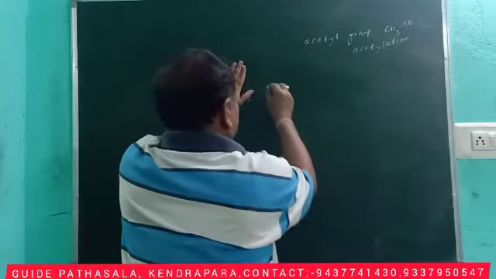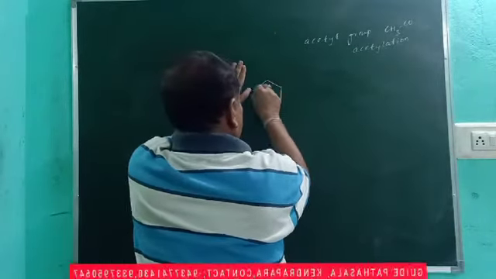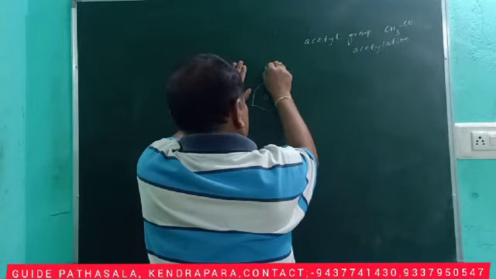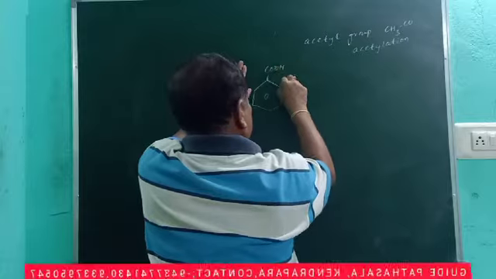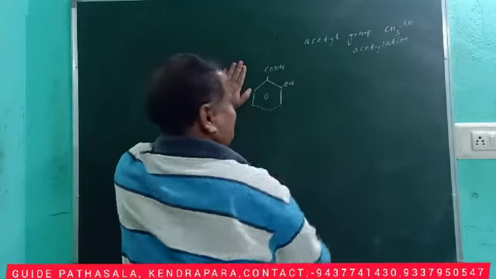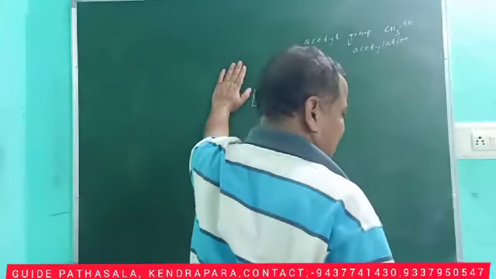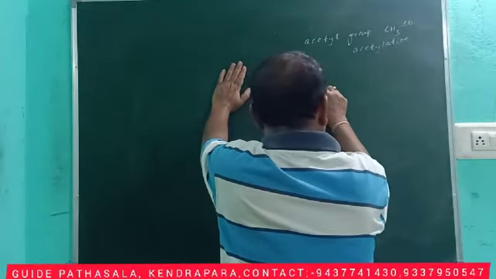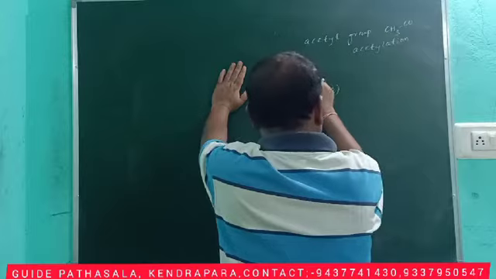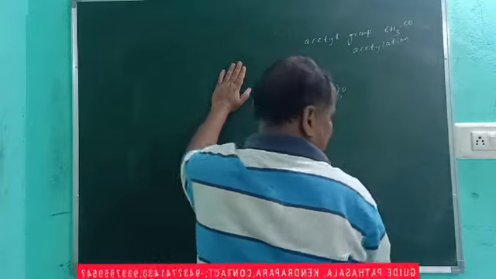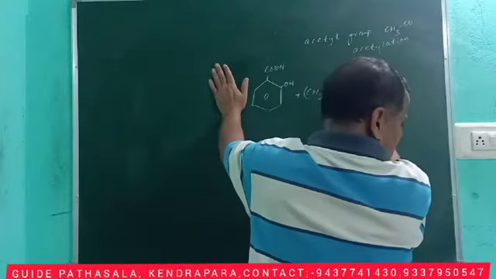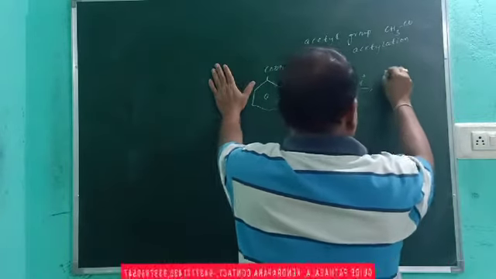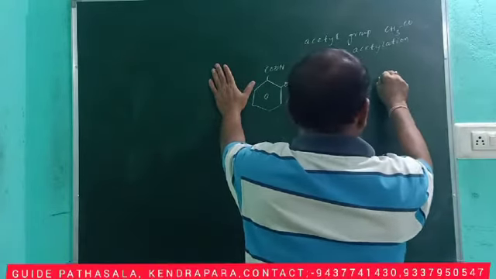Acetylation means, for example, when ortho-hydroxybenzoic acid, or salicylic acid, is treated with acetic anhydride, (CH3CO)2O, in the presence of a mineral acid H plus, then an ester is formed.